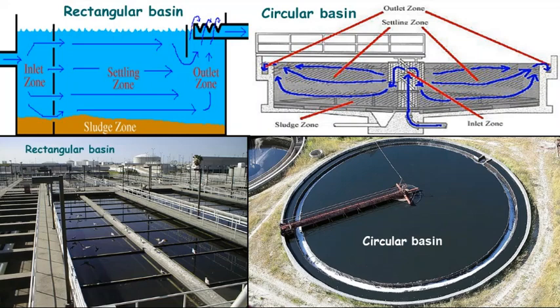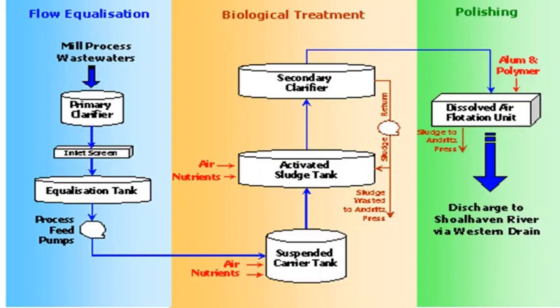The settling zone is to settle the particles at the same rate. The outlet zone is to remove the clarified liquid, which has to be collected and dispersed, and the solid collects in the sludge zone, which has to be periodically removed from the bottom of the tank. So this way sedimentation arrangement is provided.